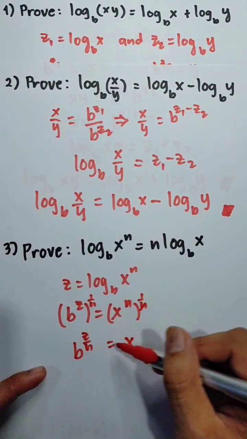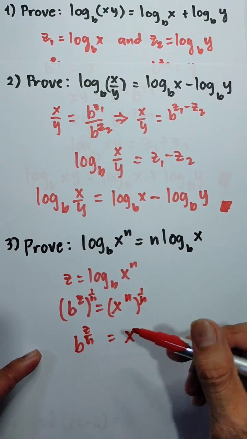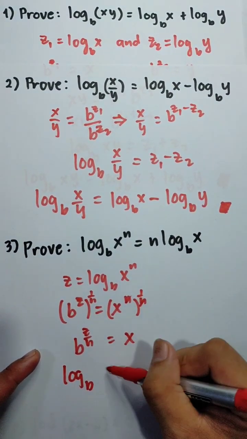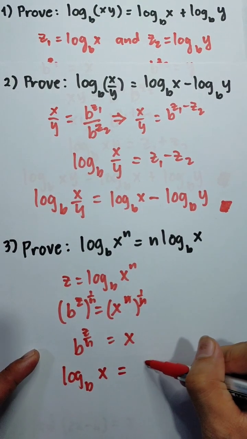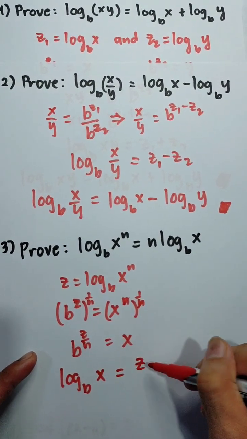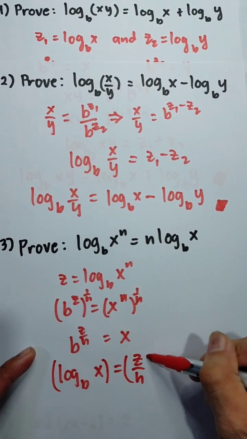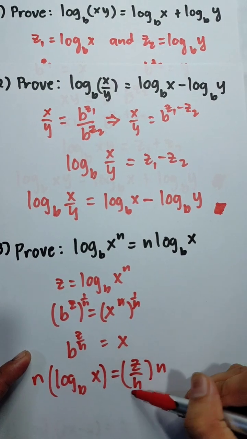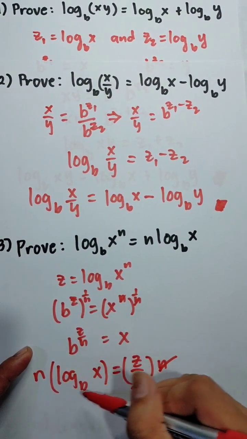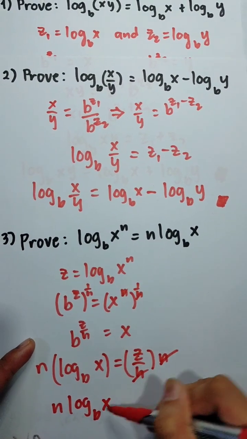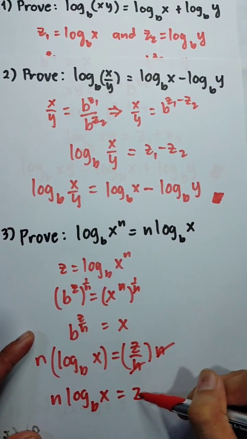Next, let's apply the logarithm again. So this is log base b of x equals z over n, and let's multiply both sides by n. So this will cancel out, and this gives us n log base b of x equals z.